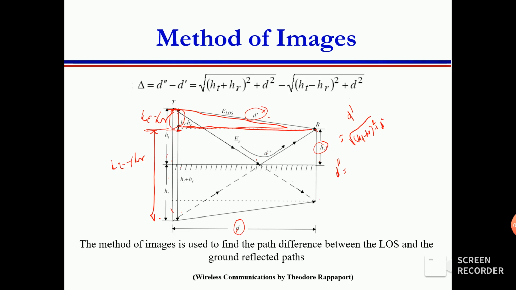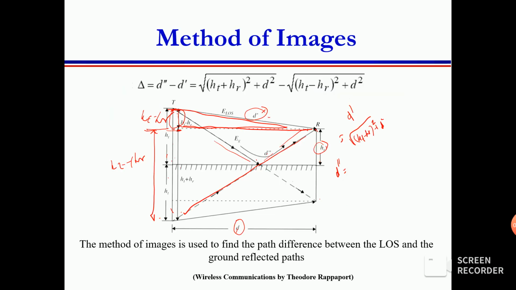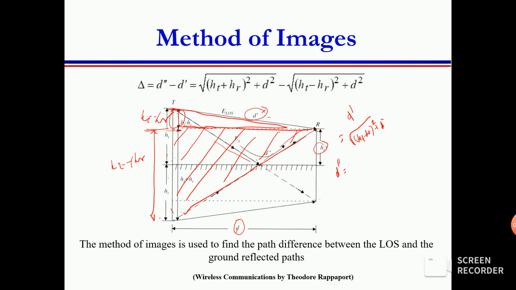If I take the mirror image, this distance is equal to this. So I am going to take the bigger triangle. What is the side here? HT plus HR. So it is square root of HT plus HR whole square plus d square.